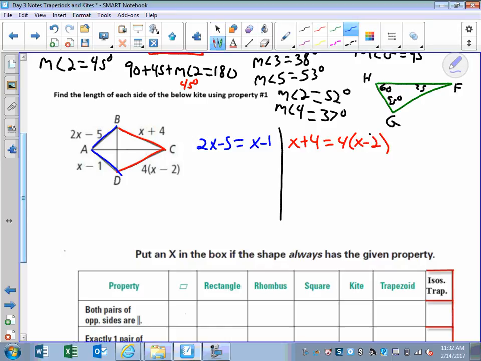Now I think the blue one is a little bit easier, so I'm going to solve that one to figure out what x is. So we got minus x on both sides. So that's x minus 5 equals negative 1. Now we got to add 5 to both sides to get x by itself. So we got x equals 4.